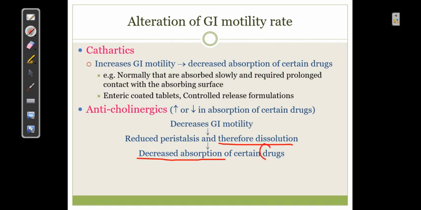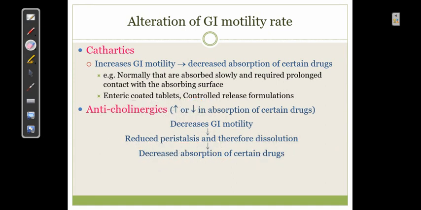Drug characteristics will have a marked influence on whether there is an increase or a decrease in absorption. Most of the time it will lead to an increase in absorption, but for drugs where peristalsis is necessary for the dissolution profile, decreased absorption could be noted. So this is regarding anticholinergic drugs.